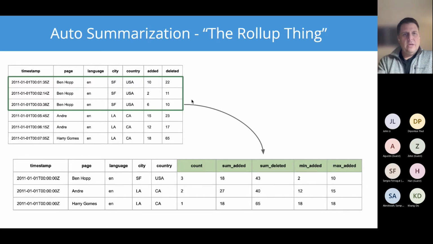If I don't need full row fidelity of the data, and I can get away with summarizing the data but still get 90+% of the value, Druid has the ability to bring that data in, squish it, and do things like how many rows occurred in that time frame, what was the sum of the added column, what was the sum of the deleted column, what were the mins and maxes. There are also some other special storage formats that we use there, which I'll talk about in a second.